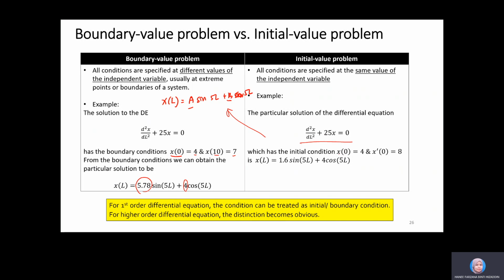So x when L equals 0 equals 4, but there's another condition at the same value of L, where you are given x prime, which is dx/dL. So dx/dL when L equals 0 is equal to 8. In this case, you will get a different equation, with different values of the constants A and B, because of the given initial condition.